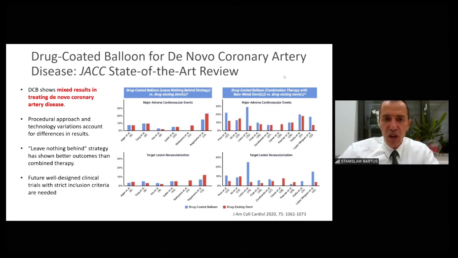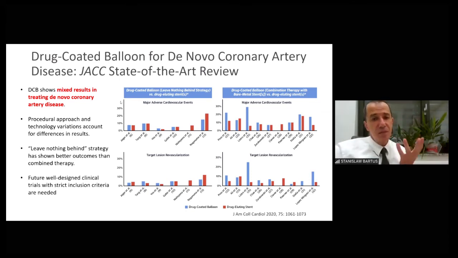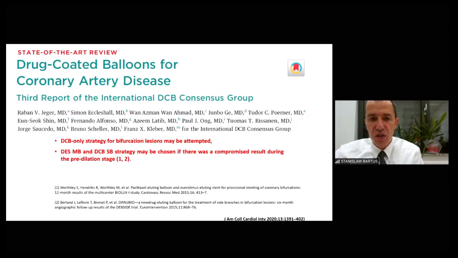American people do not have guidelines, but in the JACC they published the so-called state-of-the-art review. In this paper, they showed that there are also mixed results in treatment of the bifurcation lesions.